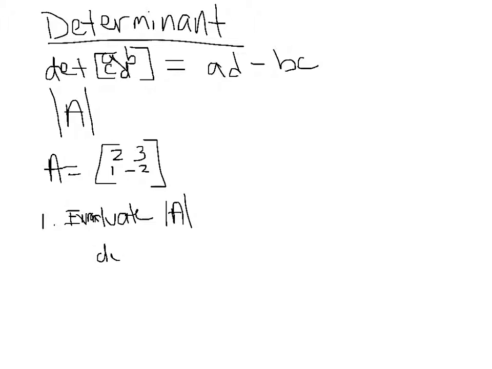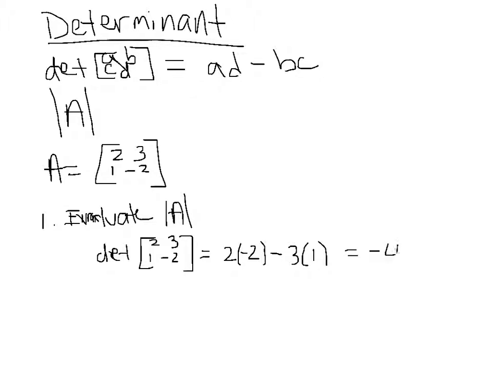You would find the determinant of 2, 3, 1, negative 2, which would be 2 times negative 2 minus 3 times 1, which we know to be negative 4 minus 3, which is negative 7. Negative 7 would be your answer. When you're finding a determinant, the number is your answer.